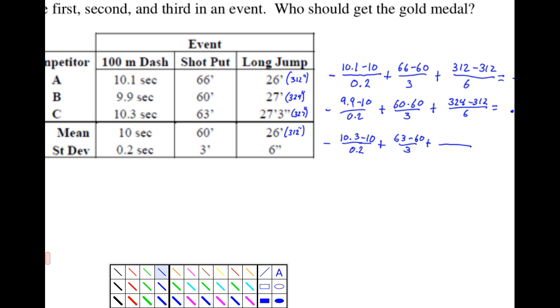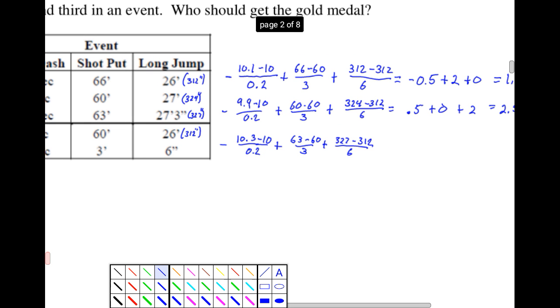And they had the longest long jump, won that competition. So that's the 327 minus 312 over 6, standard deviation of the long jump. And this gives us negative 1.5.